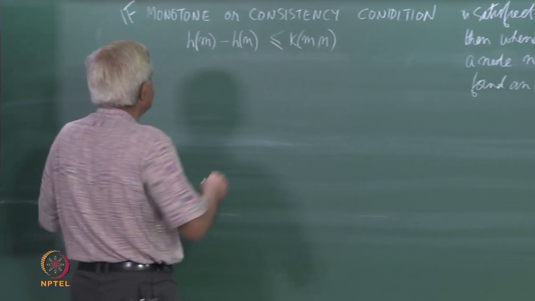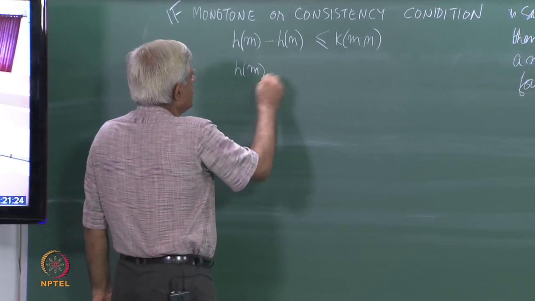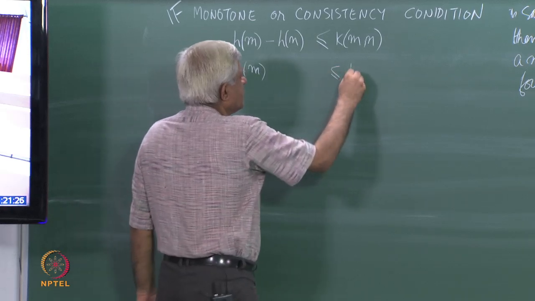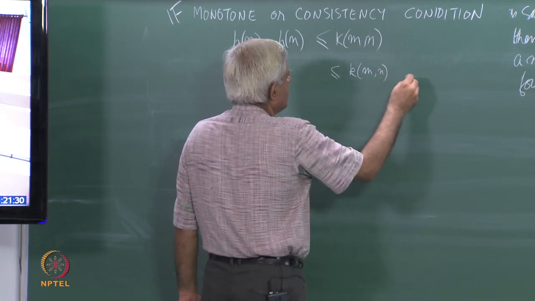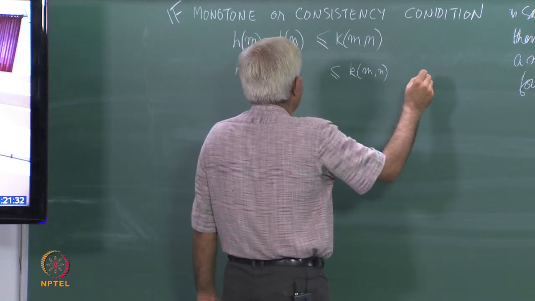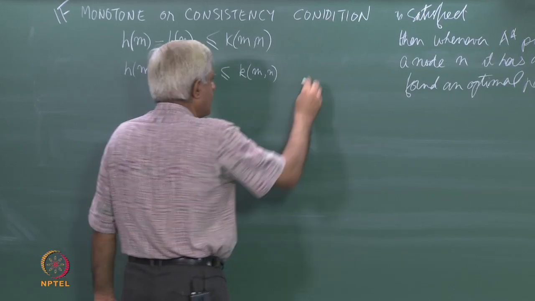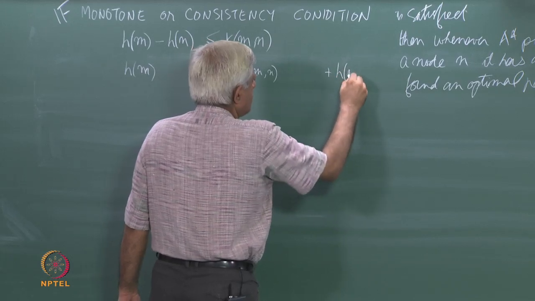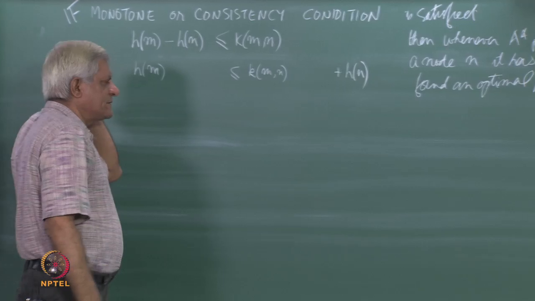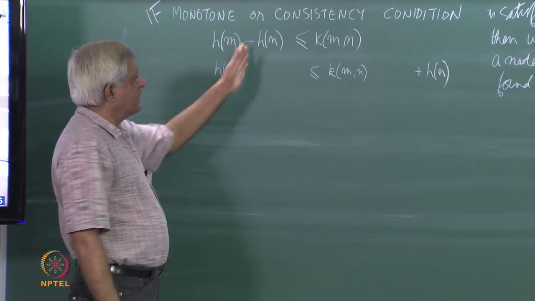Now, we can rewrite this condition as follows: h of n is less than or equal to k of m n plus h of n.